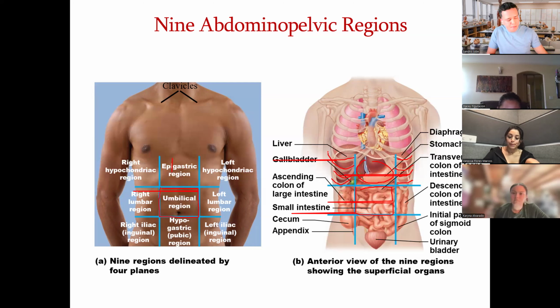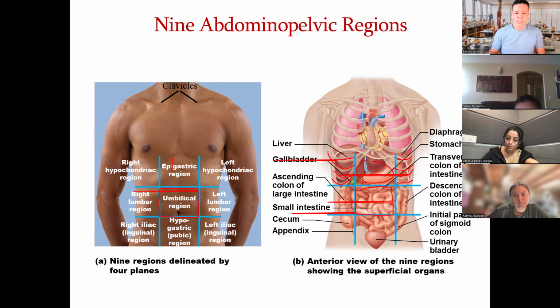All right. Now, if we were in the lab today, instead of being online, if we were face-to-face, we would be doing dissection of an animal. And the animal that we use as a model for the human body, because we don't have human cadavers, the next best thing that we have are pigs.